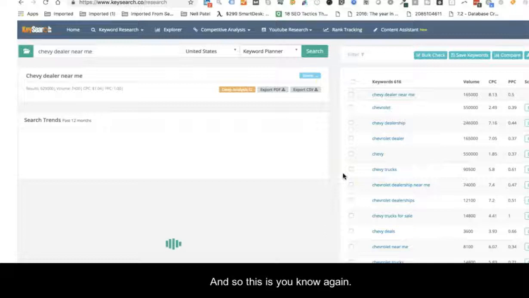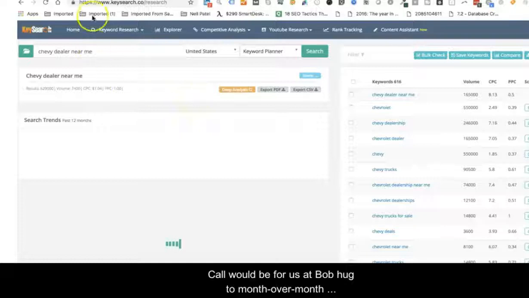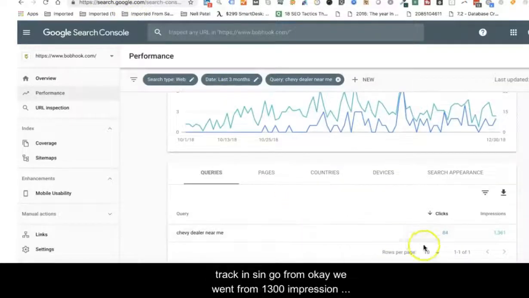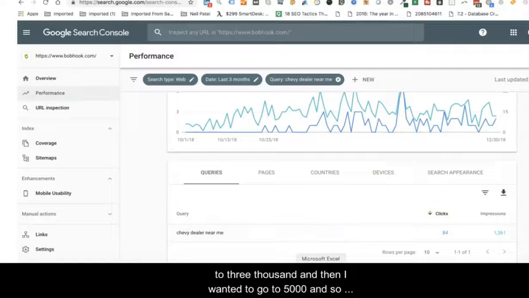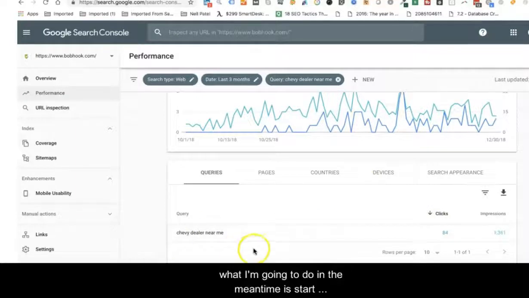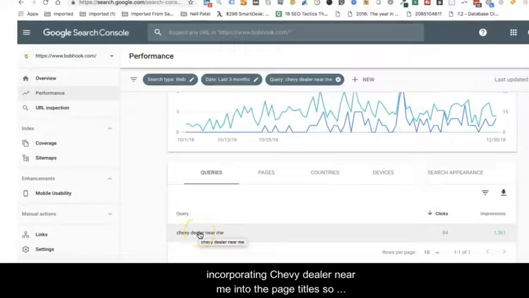And so, right now, the goal for us at Bob Hook would be to track month over month and go from, okay, we went from 1,300 impressions that Google showed us in 30 days. I want this to go to 3,000, and then I want it to go to 5,000. And so what I'm going to do in the meantime is start incorporating Chevy dealer near me into the page titles.